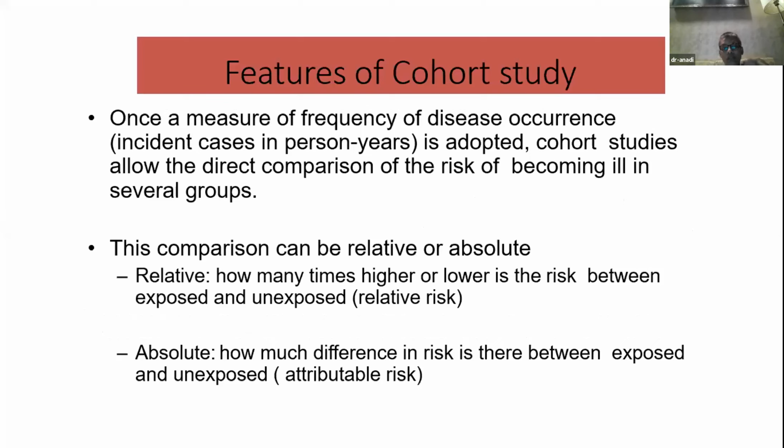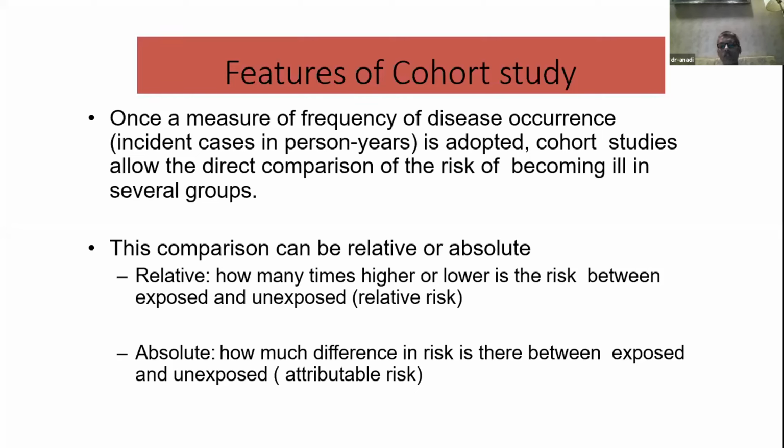Once the frequency of disease occurrence, incidence cases in person-years, is measured, cohort studies allow the direct comparison of the risks of becoming ill in several groups. This comparison can be relative or absolute. Relative means how many times higher or lower the risk is between exposed and unexposed, that is relative risk.